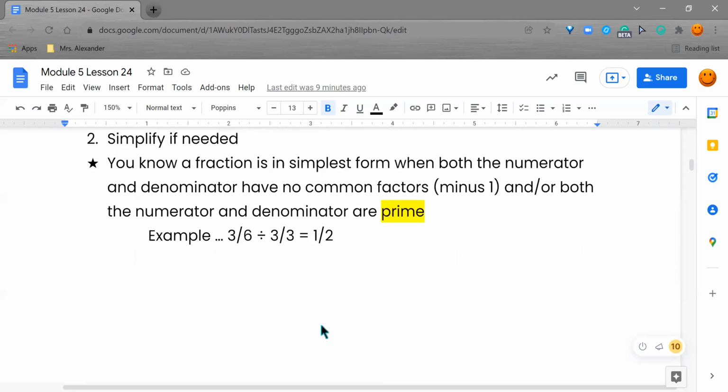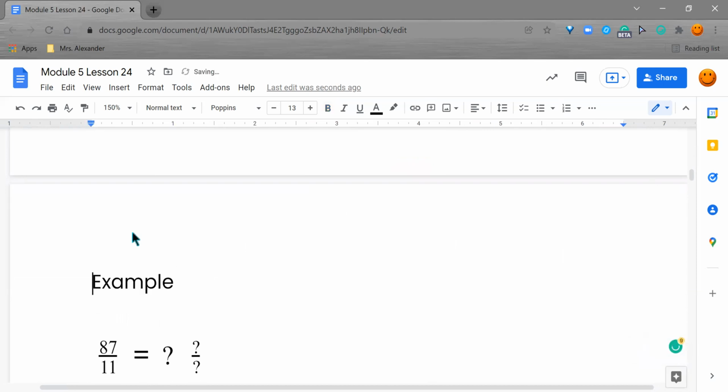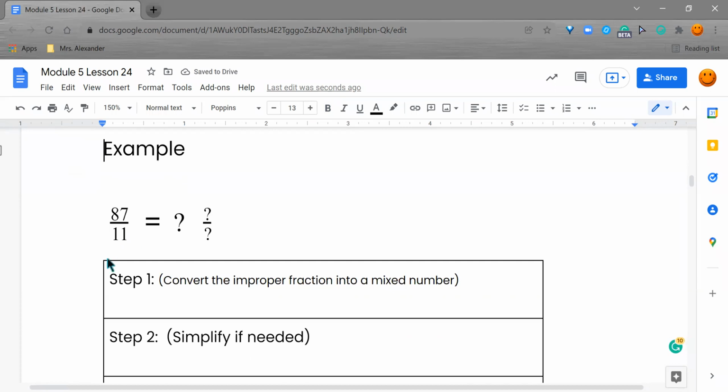Let's look at an example, you guys. Right here, we have 87/11ths. So we need to convert. I'm going to quickly rewrite it. 87/11ths equals. How many times is 11 going to go into 87?